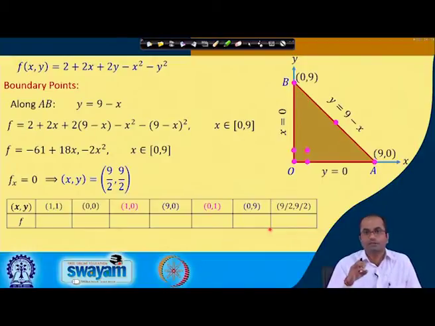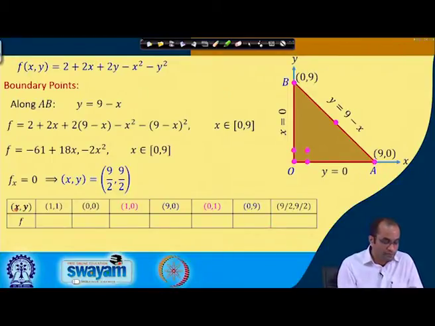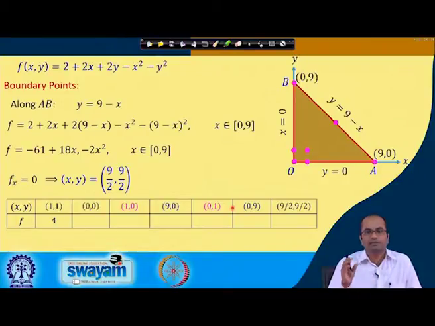So, we have to consider the interior and we have to also consider the boundaries when we have a closed and bounded domain. So, here these points we will evaluate simply the function, because our interest is to find the global maximum minimum. We do not have to identify each of these points for local maximum or minimum. So, at 1 1 the function f x y is taking value 4 and at 0 0 it is taking 2 and so on.